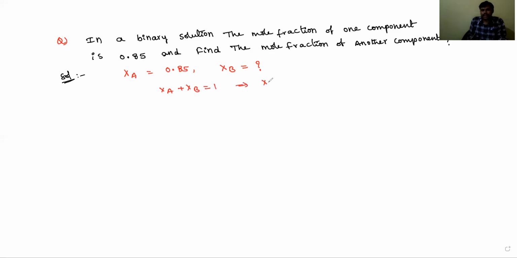From this, XB is equal to 1 minus XA, which is 1 minus 0.85, equal to 0.15. The mole fraction is a ratio only, so it doesn't have any units. Okay, students.